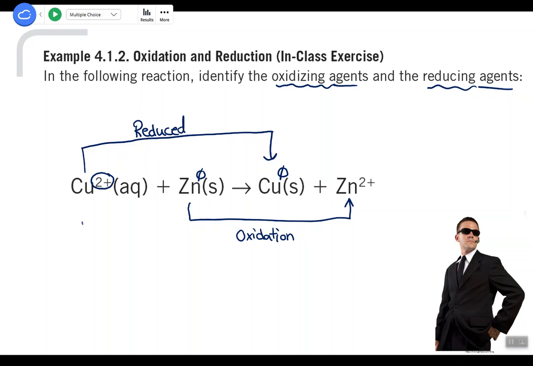So copper is the oxidizing agent. Zinc is being oxidized. That means it's causing something else to be reduced. Because it's being oxidized, it is the reducing agent. So remember that these terms are kind of opposite. It's the secret agent that allows that action to happen.